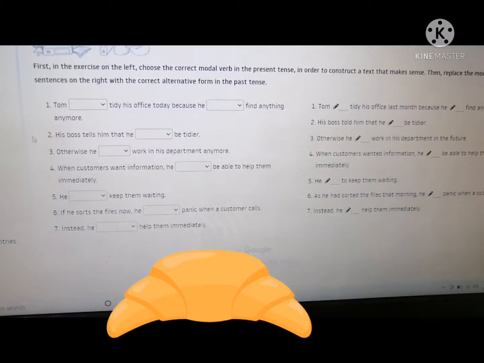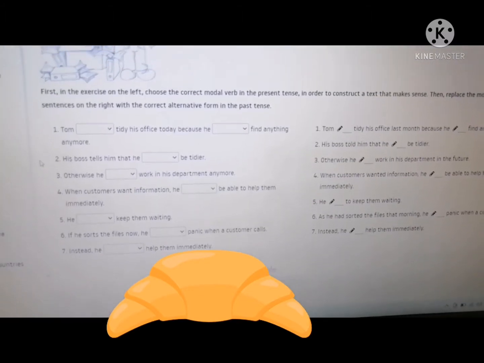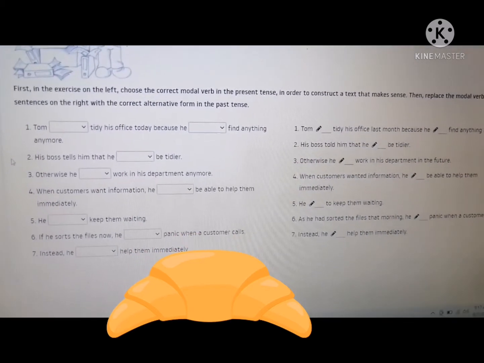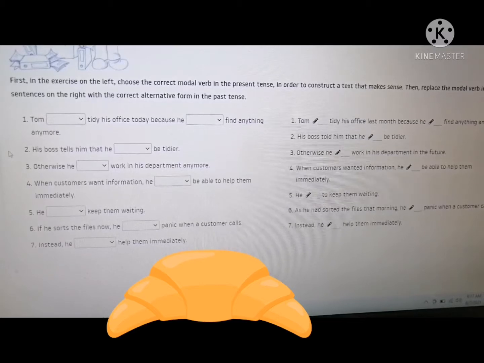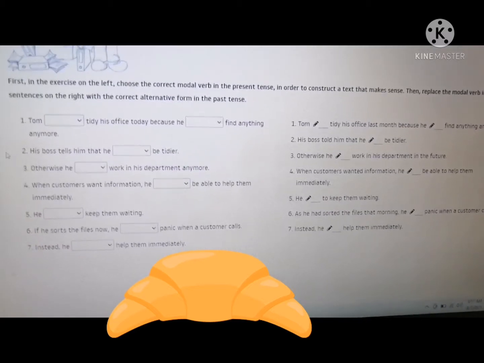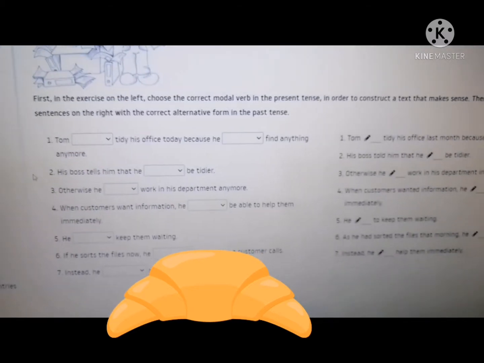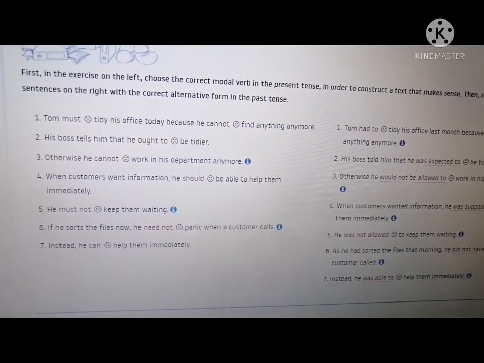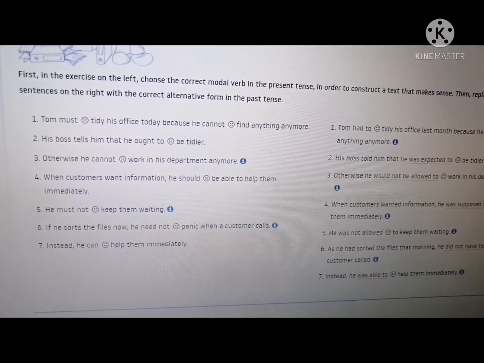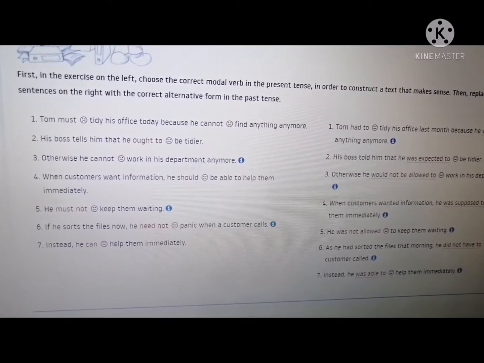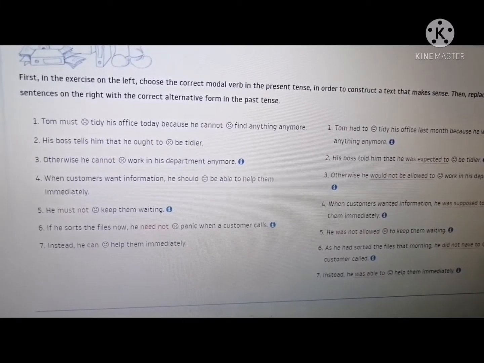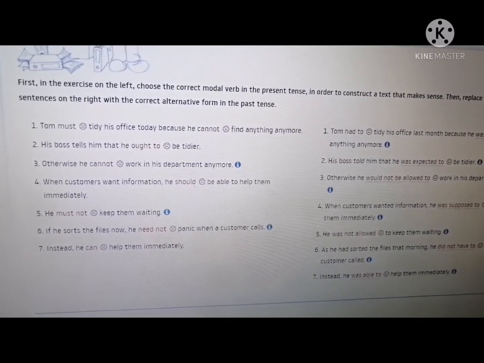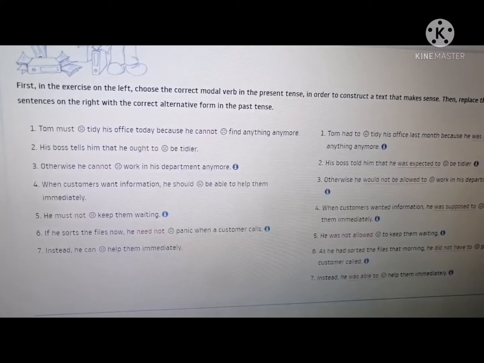Okay, so now let's see the answers. So here are the answers, guys. Tom has to tidy his office today because he cannot find anything anymore.